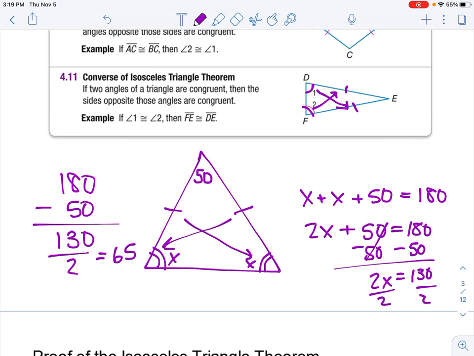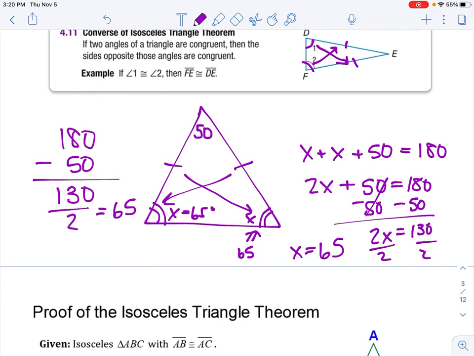So you solve it out, and each of these base angles must be 65 degrees. This one's also 65. All right, so that's a quick little example of how you can use that.